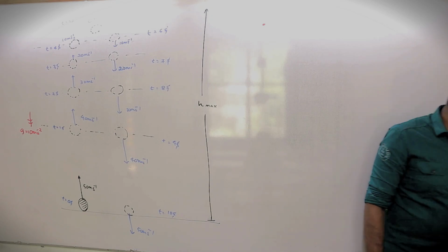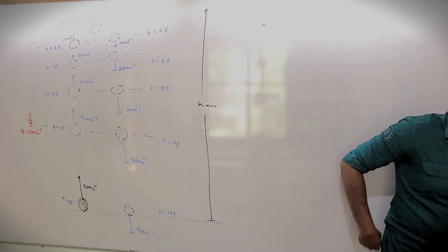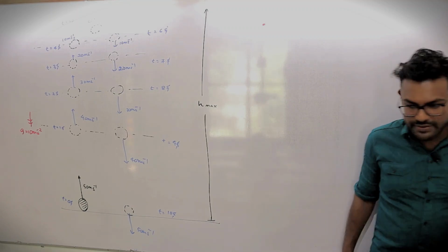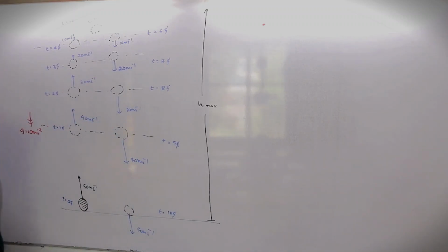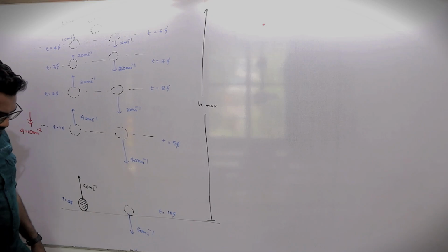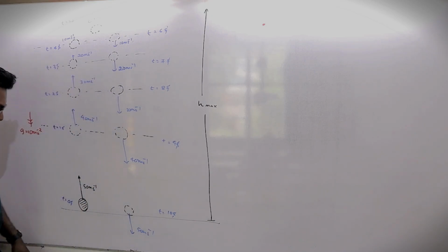First, we'll write: speeds at the same horizontal level for the ascending and descending motion are equal.